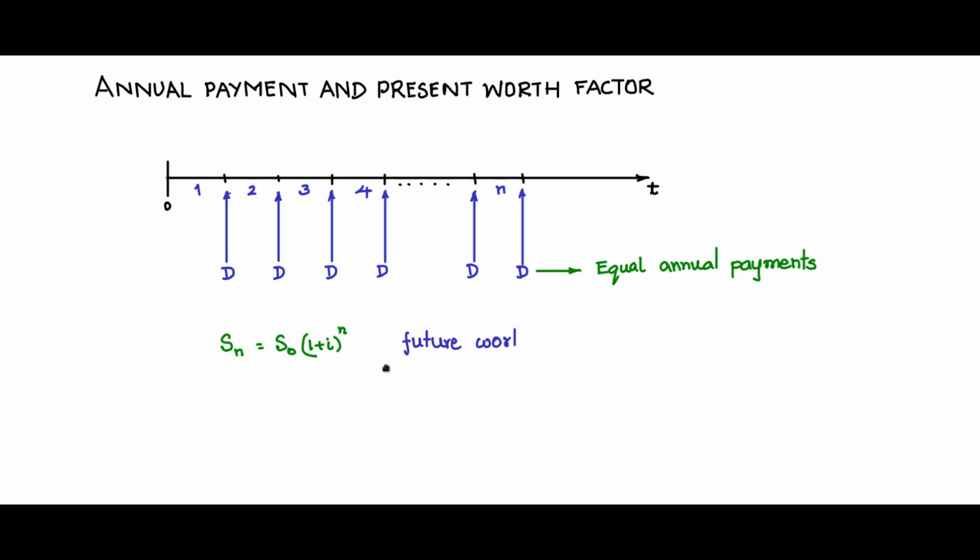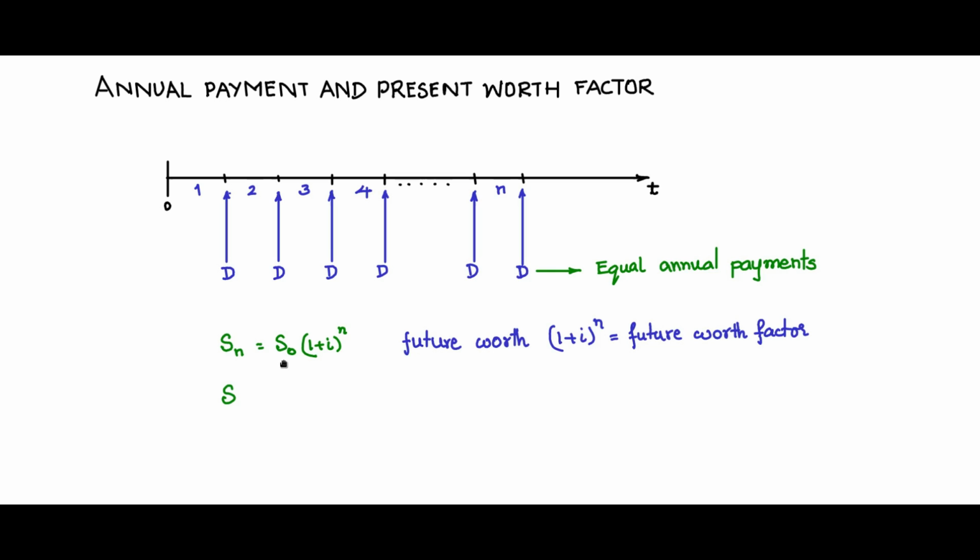This is the future worth, and (1 plus i) to the power of n is called the future worth factor. So S0 is the present worth, and (1 plus i) to the power of n is the future worth factor.